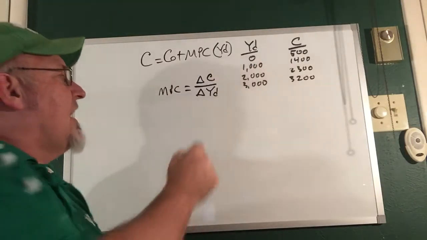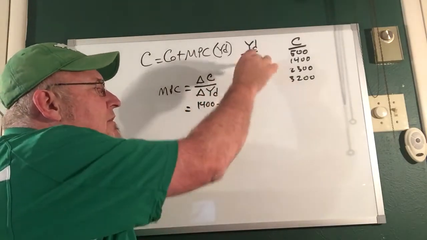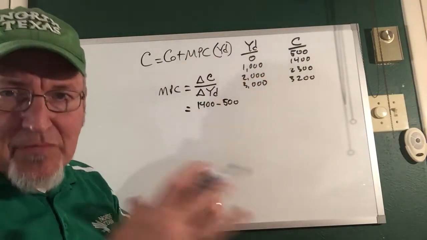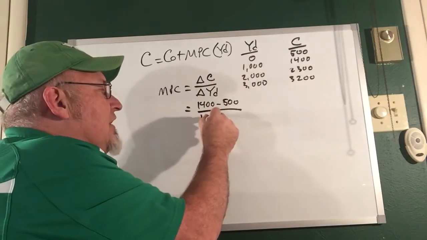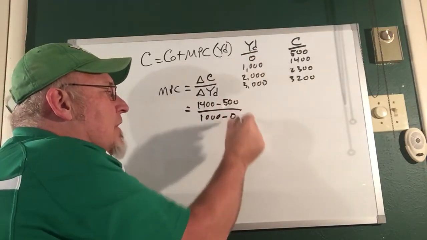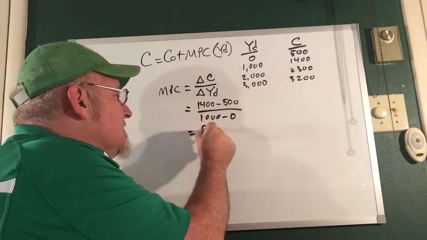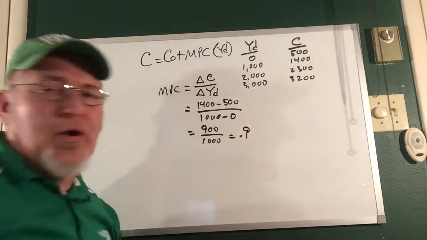So in this case, it would be 1,400 minus 500, because that's my change in consumption over the corresponding change in income, which is 1,000 minus 0. So what is that? 900 over 1,000, 0.9.